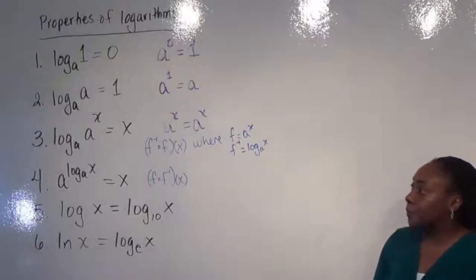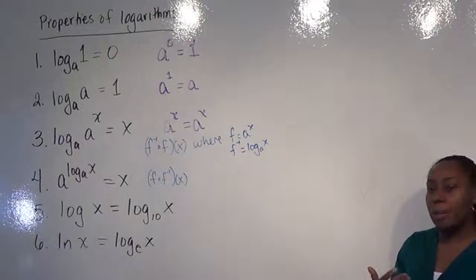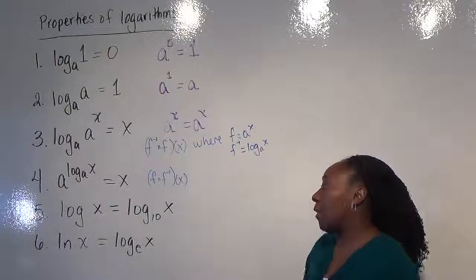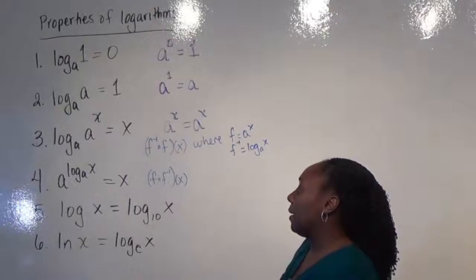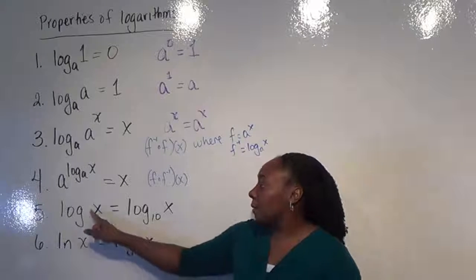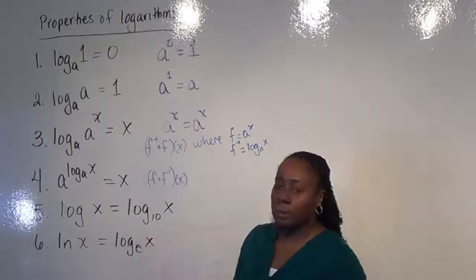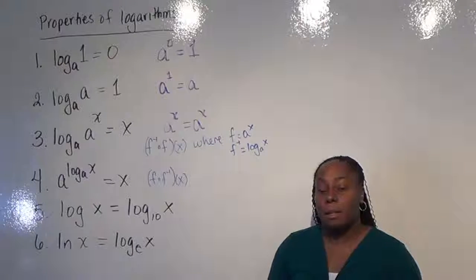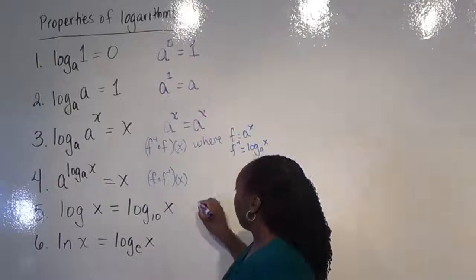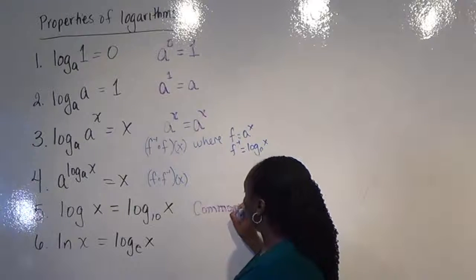Now the next two are ones that are more definitions than they are properties. Okay? This first one, if we see a log of x that doesn't look like it has a base, this is actually referring to log base 10. Okay? This is what we consider our common logarithm.